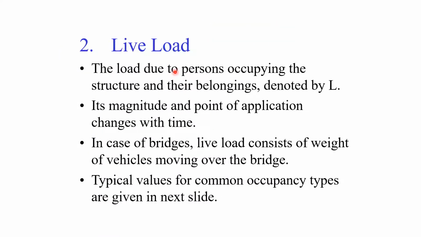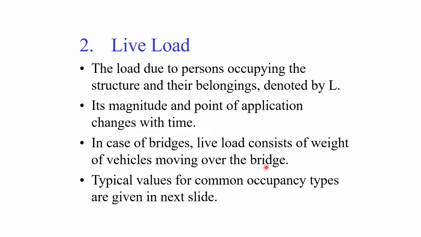Live load. The load due to persons occupying the structure and their belongings, denoted by L. Its magnitude and point of application change with time. Like the students in a classroom when designing a school, maybe one day 40 students come, another day 35, another day 30, so the value will change. In case of bridges, live load consists of the weight of vehicles moving over the bridge.